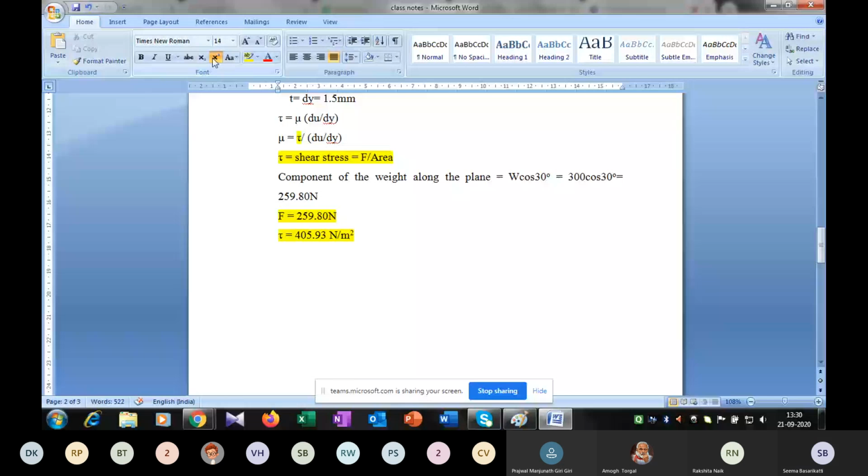Tell me the value of mu now. What is the value for mu?